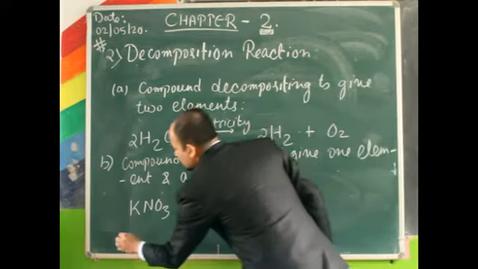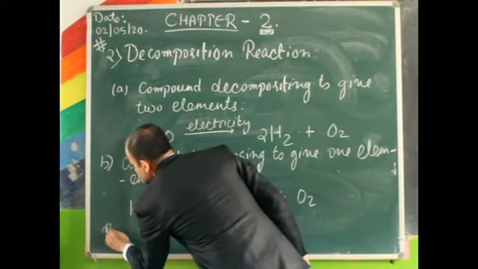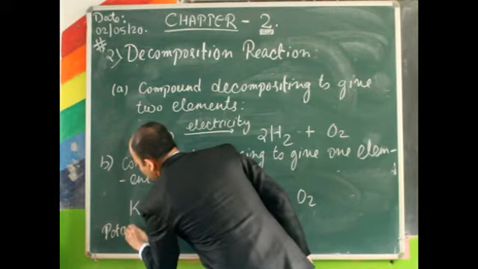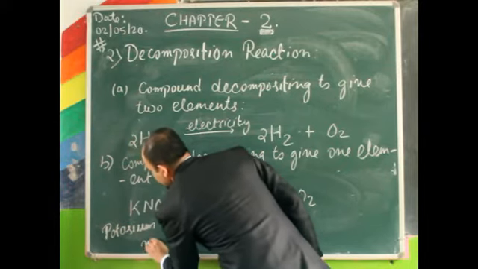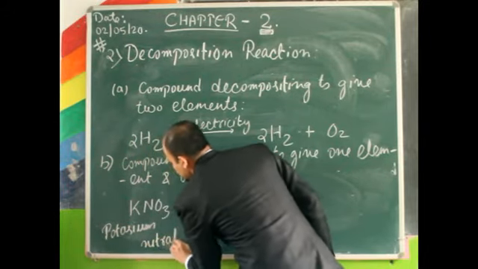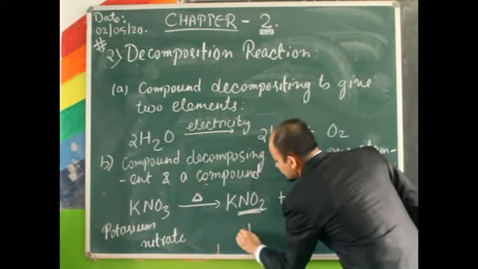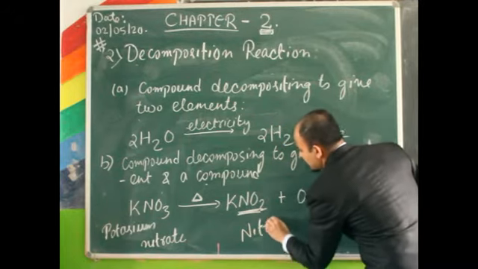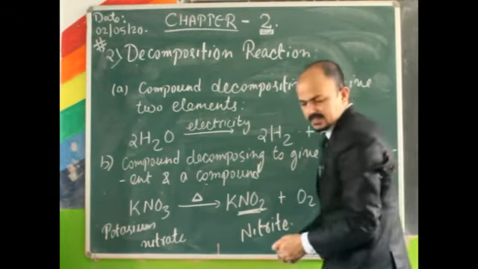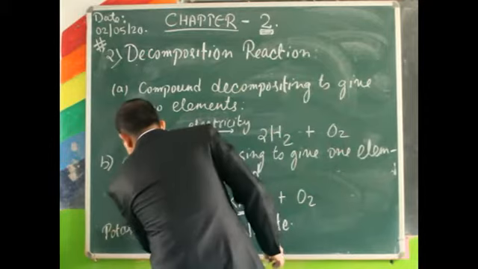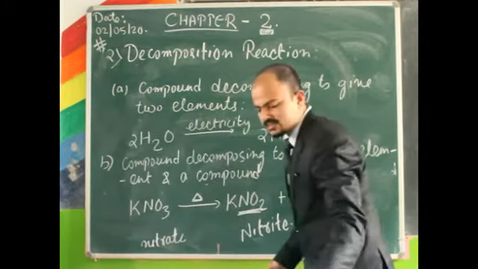So this is potassium nitrate and this is, please remember, this NO2 is known as nitrite. Okay. Now let's focus on this main part.